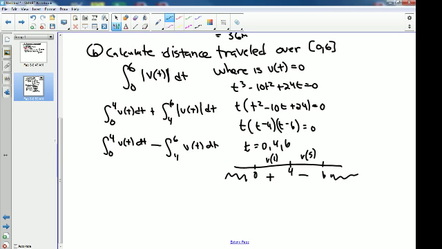And you can handle this, right? The same integrals, you end up with those numbers there, and you get 148/3.